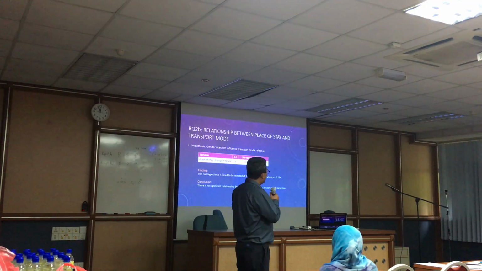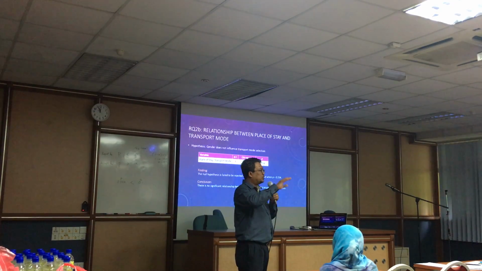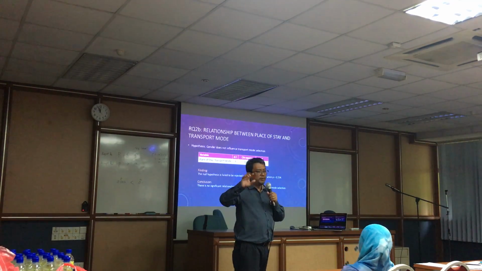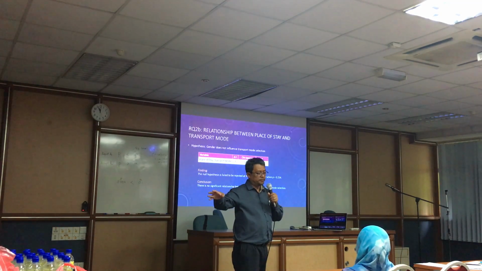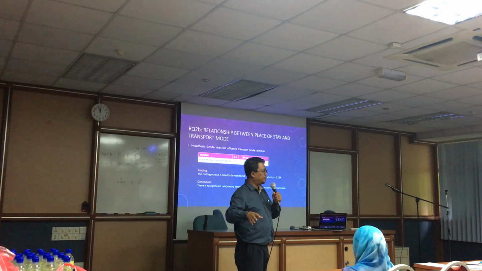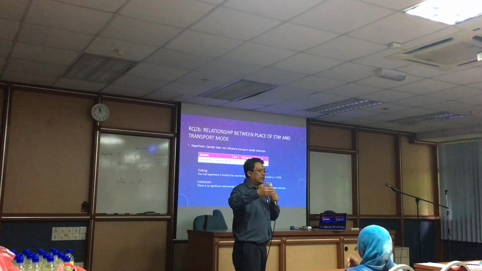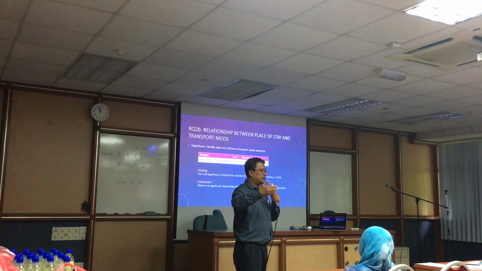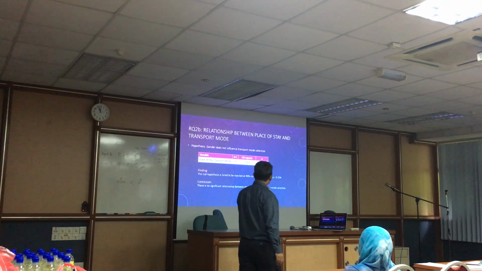For this test, the null hypothesis would be there is no significant relationship between place of stay and transport mode selection. The alternative would be there is a significant relationship. So when you fail to reject the null hypothesis, it means statistically you have shown that there is no significant relationship.